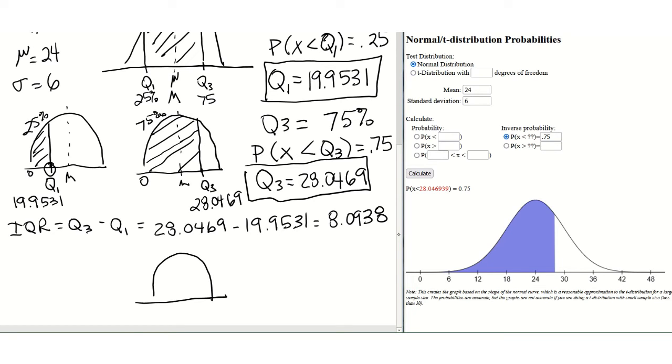that on my graph here, if I have my Q1, I didn't draw that graph very well. Let's redo that graph.